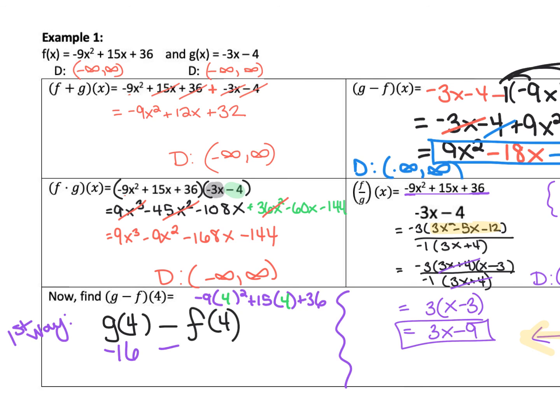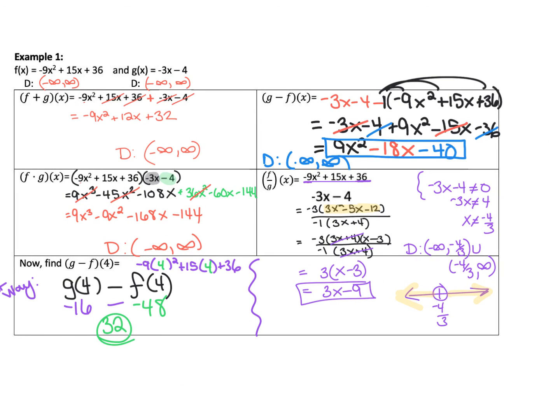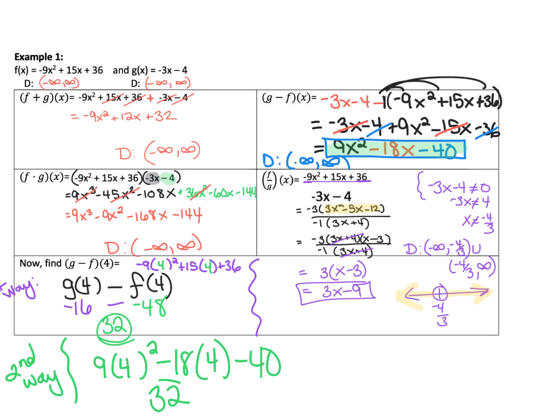So minus negative 48, negative 16 minus negative 48 is 32. The alternate way of doing this is to go where you already did g minus f of x, which is right here. I'm highlighting it. You could just plug 4 into that, and I get 32 as well. So you have to get the same answer both ways.